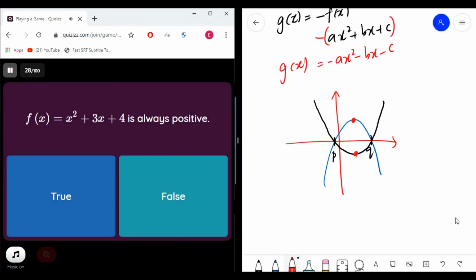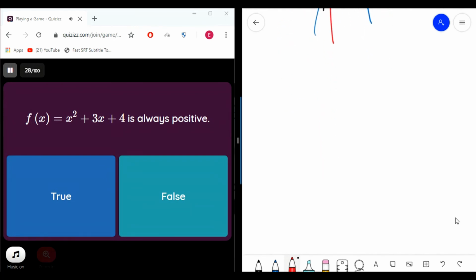Number 28. f(x) equals x squared plus 3x plus 4 is always positive. Alright, if you look at the function, since a is greater than 0, it should be a smiling curve like this. Then it will have a minimum point.